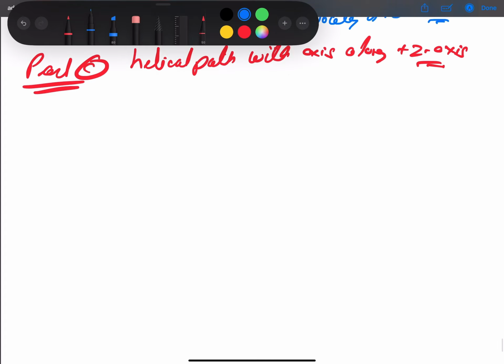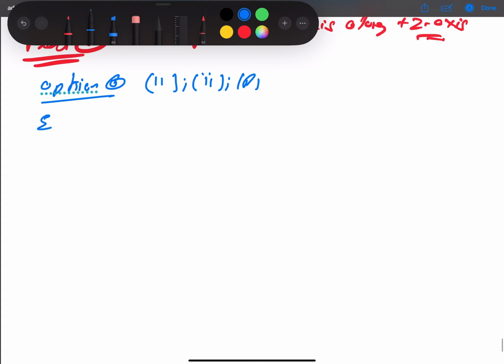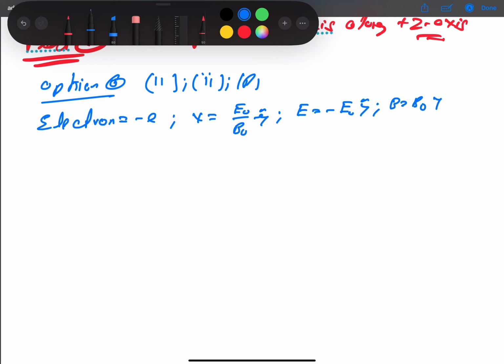So we start with option A. Option A says the second should match with second, and it should be with R. Here we have the charge as an electron, minus e, velocity is E naught upon B naught y unit vector, electric field is minus E naught y unit vector, and the magnetic field B naught is also in the y unit vector.